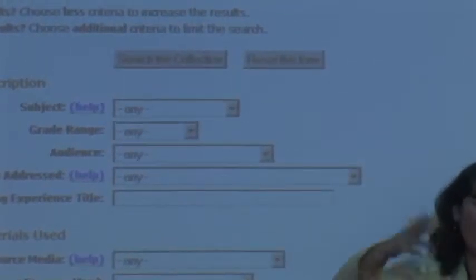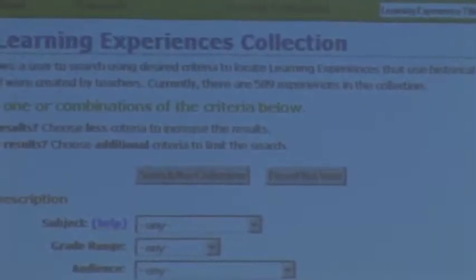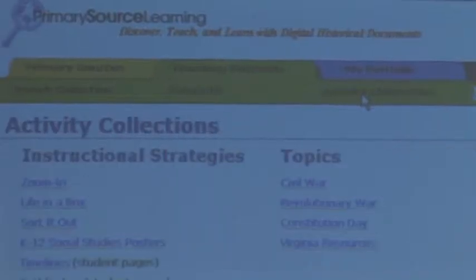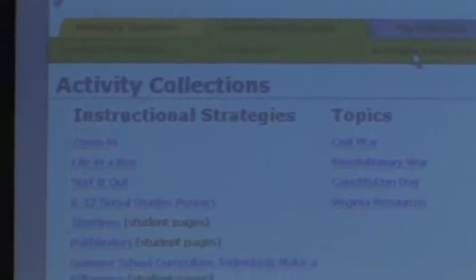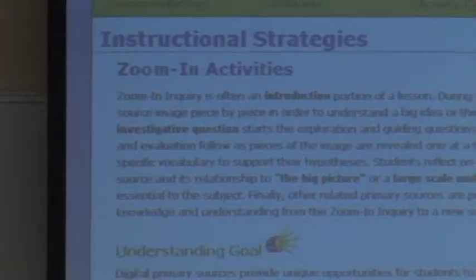But if you wanted to share it like at a staff meeting, if you have to go back and share what you learned at this conference with the whole staff, you might just go to activity collections up here. And there, we have collections of learning experiences by the strategy that's being used. And so I'm going to click on Zoom, and I'm going to get my Zooms that way. But I could have searched math if I wanted to come up with Zooms.